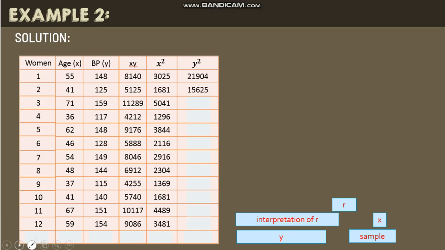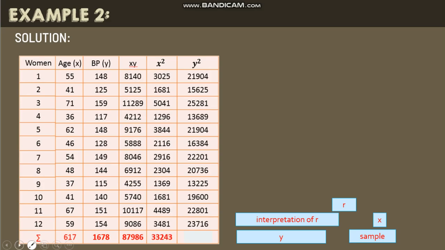125 squared means 15,625. 159 squared is equals to 25,281. And so on. Okay, so after po nito is kunin po natin yung summations. Summation ng X. So, the summation of X means 617. Summation ng Y is 1,678. Summation ng XY is 87,986.